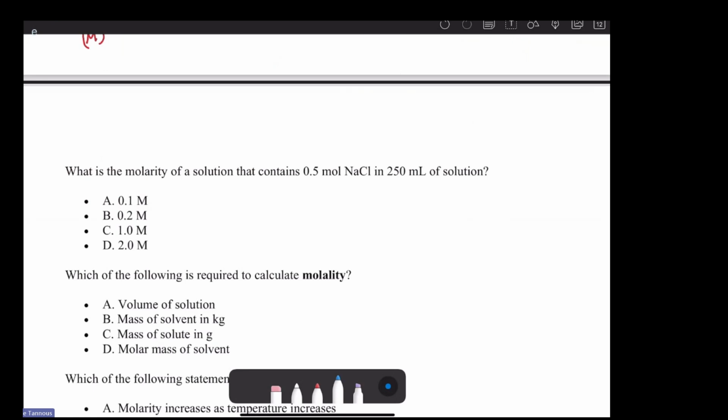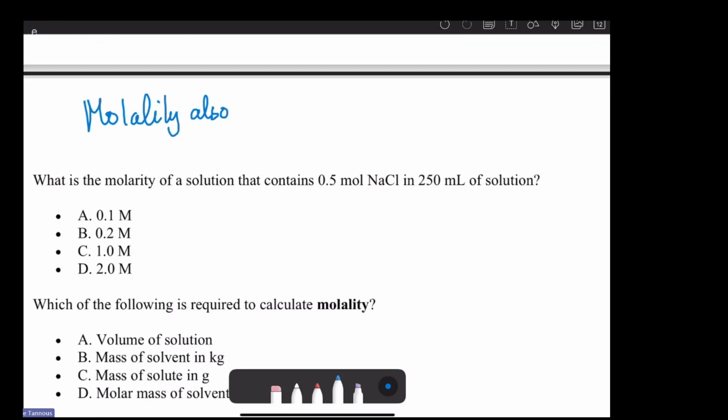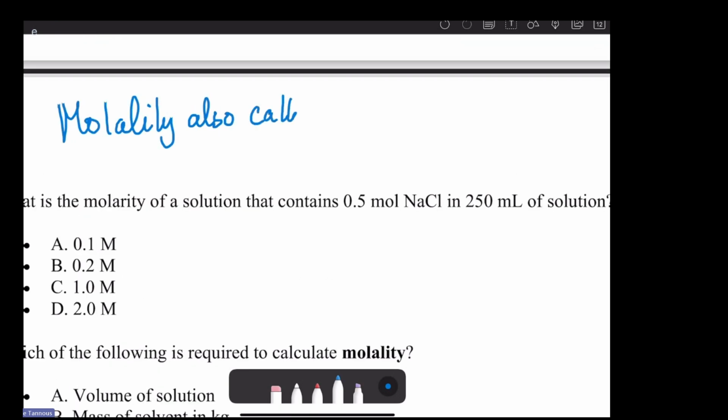Molality, I'm going to write it here. Molality, also called molal concentration.